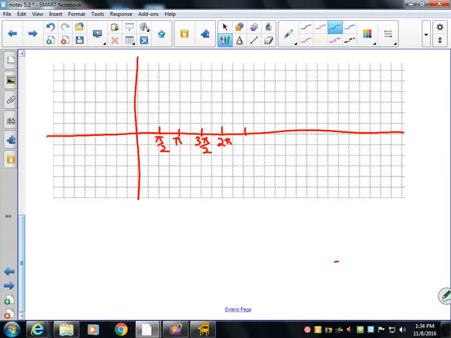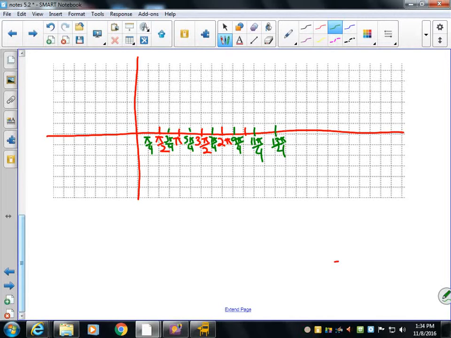So some people, knowing that we're shifting a pi quarters, will write the pi quarters in instead of the pi halves. So 1 pi quarter, 2 pi quarters, then they write 3 pi quarters, 4 pi quarters, 5 pi quarters, 6, 7 pi quarters, 8, 9 pi quarters, 10 pi quarters, 11 pi quarters, 12, 13 pi quarters. So instead of writing the pi halves, they just write the pi quarters in there.